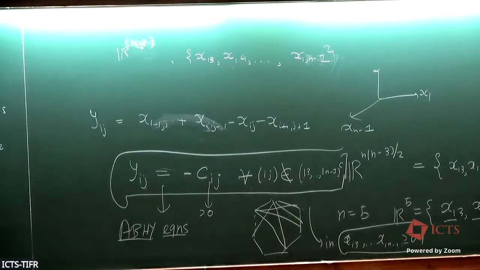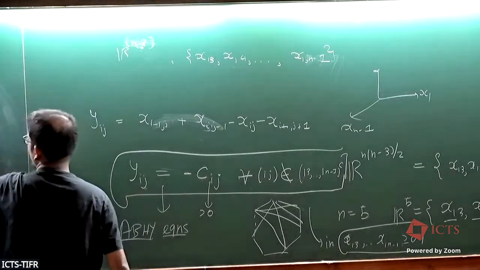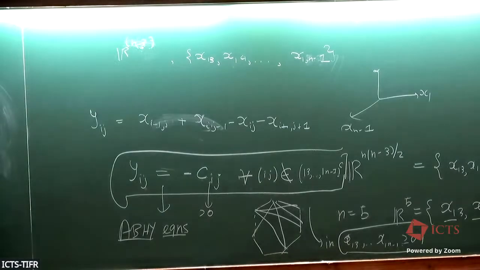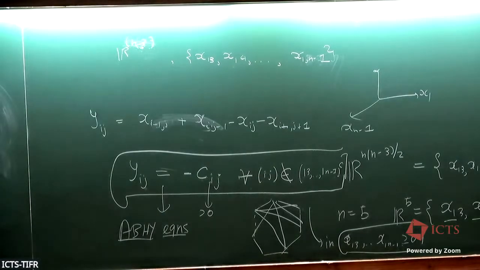The equations are really quite simple in this sense. It's just this algorithm. So let's do the n equal to 5 example very explicitly. So the full space we are starting with is R5.